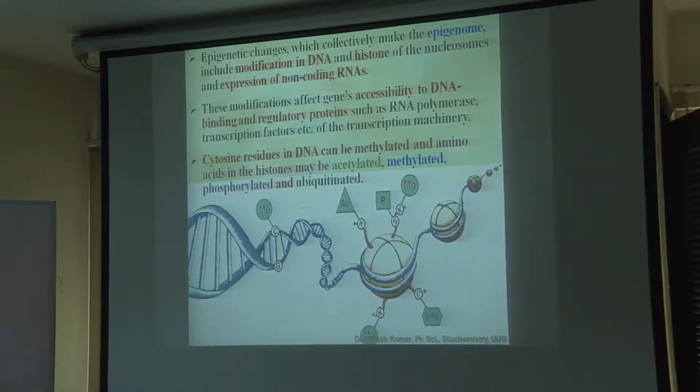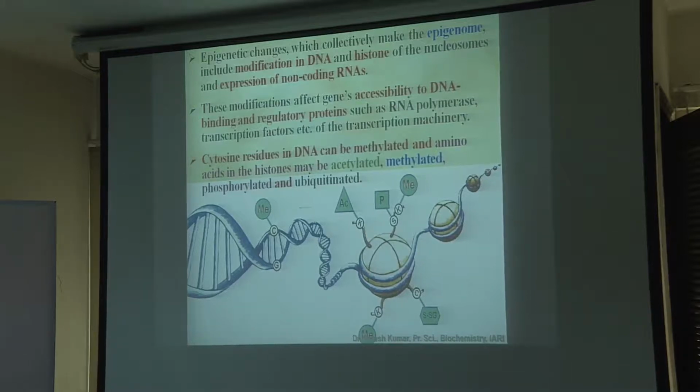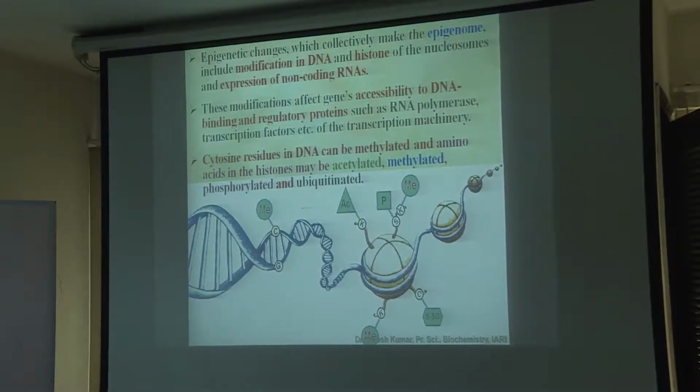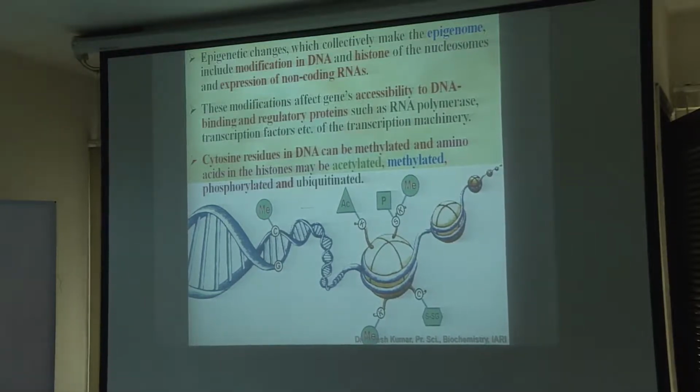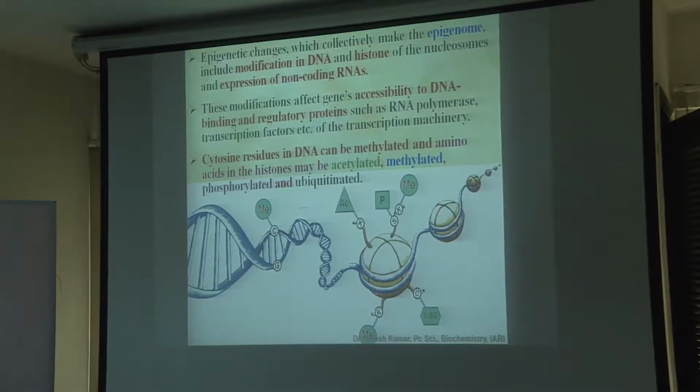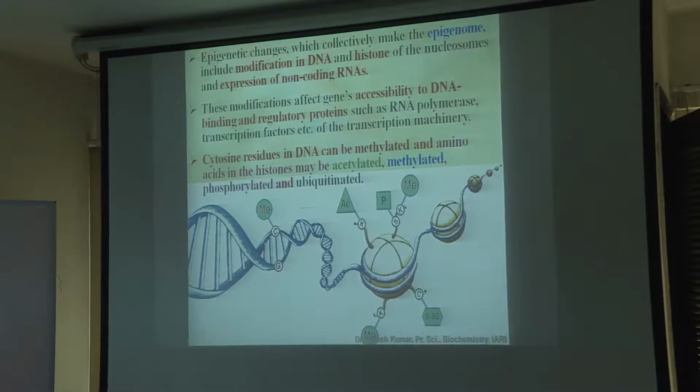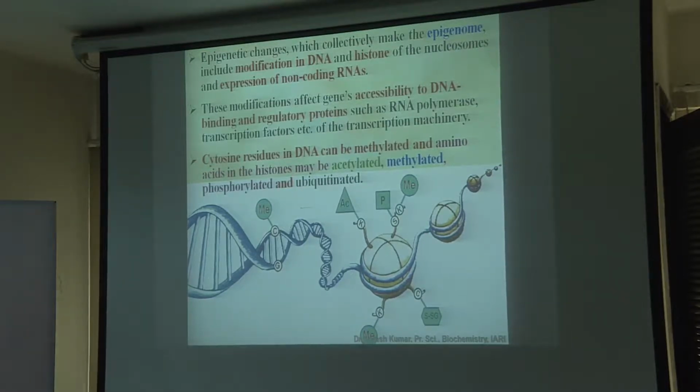For that reason only we are studying this. And if you are not aware, diabetes and cancer, these 2 diseases are spreading very fast, and several reasons are given, but epigenetic changes are a cause of that.